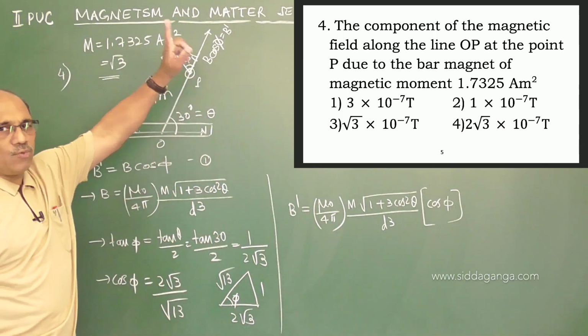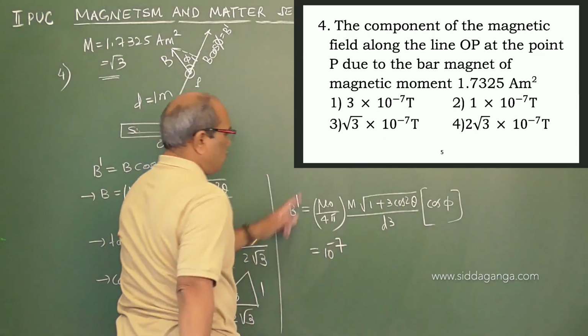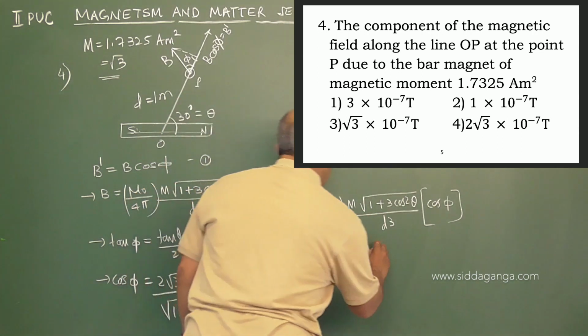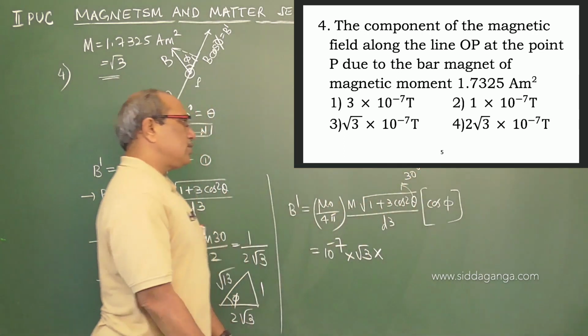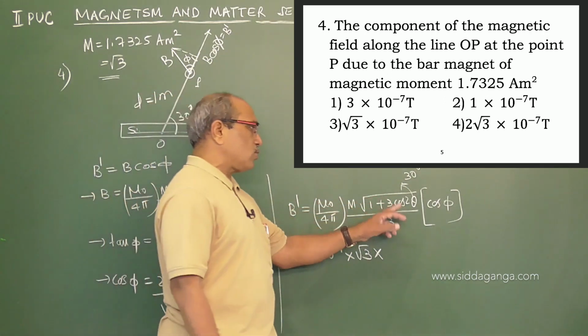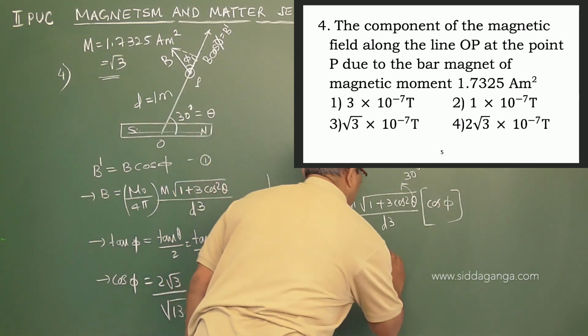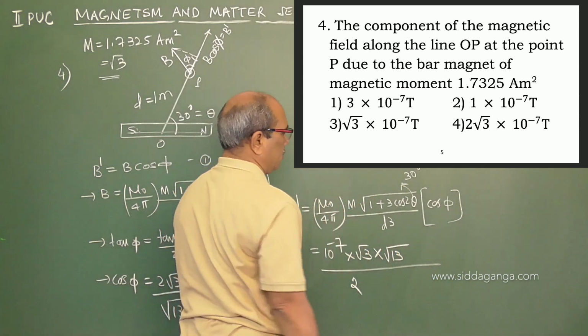B dash along OP: this is 10 power minus 7, since mu naught upon 4 pi, into root 3, which is m, into, if I substitute here 30 degrees, root 3 by 2 squared is 3 by 4. 9 plus 4 is 13, so 13 by 2 we have in the denominator.